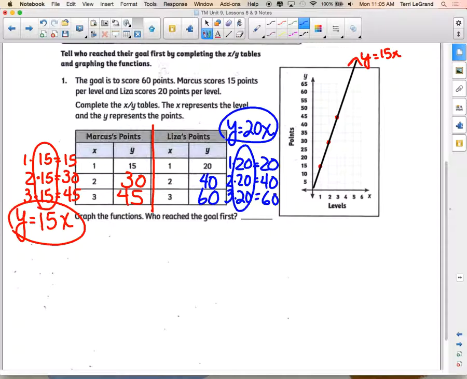And let's go have a picture of it. What does the line look like? And again, draw a nice ray. And at the end of Liza's ray, also put the equation for her line, which a ray is part of a line.